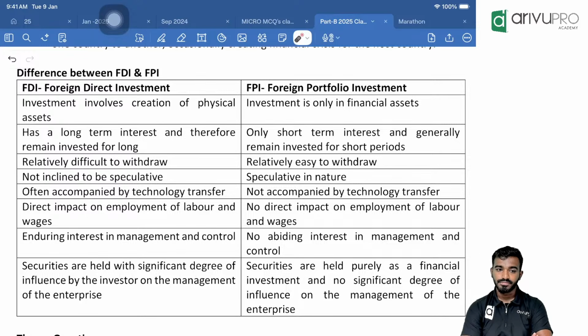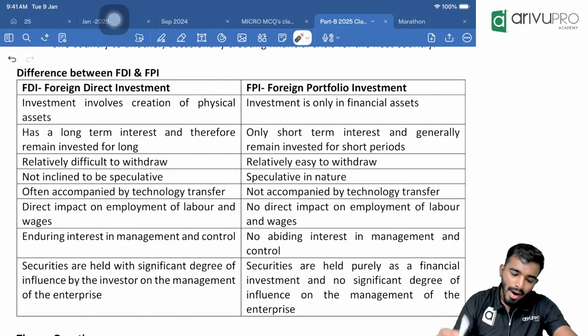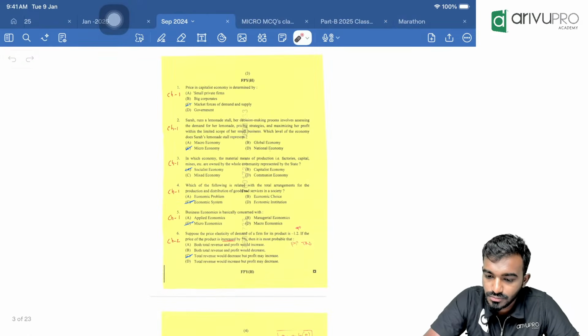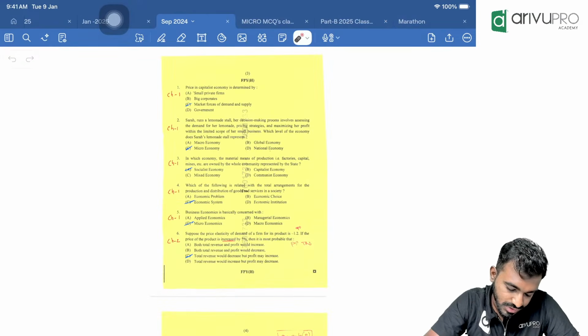We'll be winding it up. Okay, we'll move on to the MCQs.